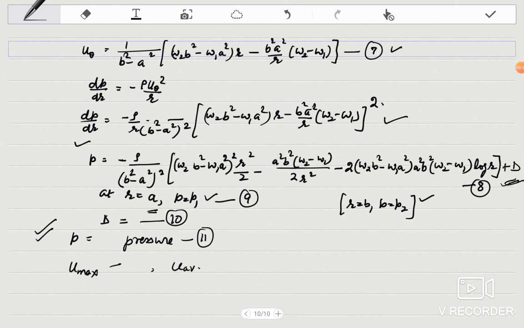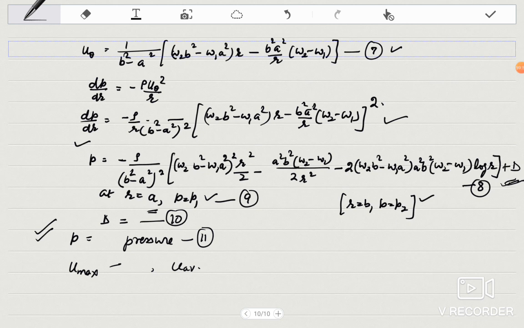Now there will be questions based on these articles, in which, as I told you earlier, you will be given the velocity of rotation of the inner cylinder, the radius of the inner cylinder, the radius of the outer cylinder, and the velocity of rotation of the outer cylinder.